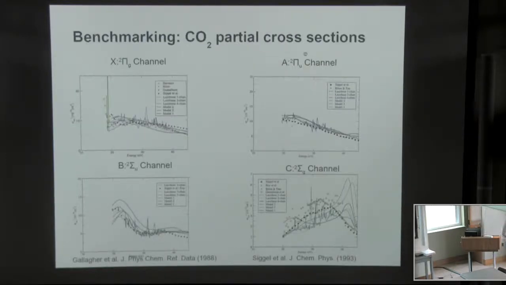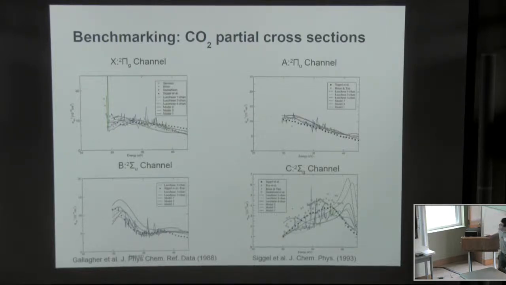So here I've collated experimental and theoretical results from these 2 papers, so references to the experiment and theory can be found in this. And looking first at the first channel, we have red is model 1, which is the static exchange. So red line here.